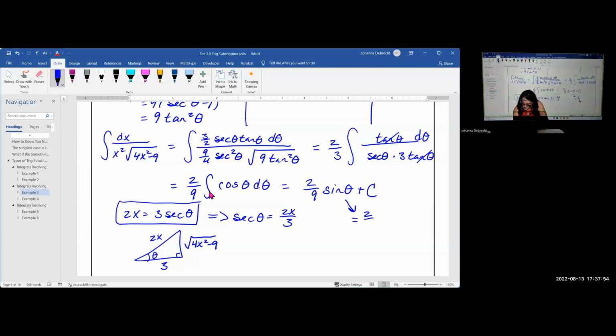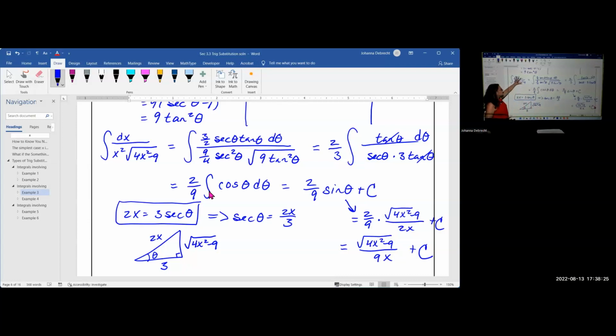This becomes 2/9 times, replace sine of theta with the square root of 4x squared minus 9 divided by 2x, plus c. The 2's cancel, and I get the square root of 4x squared minus 9, all divided by 9x, plus a constant. And that's my final answer, all right? So it's back in terms of x, so I know that it is an appropriate answer for this particular integral.